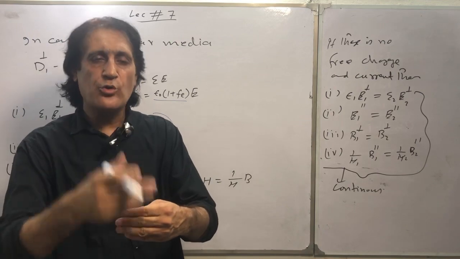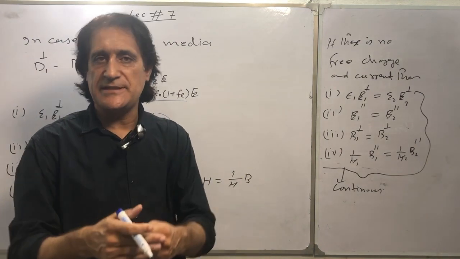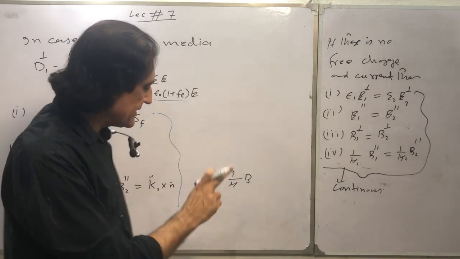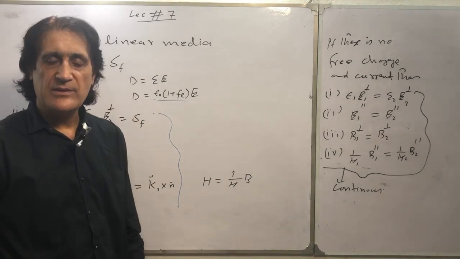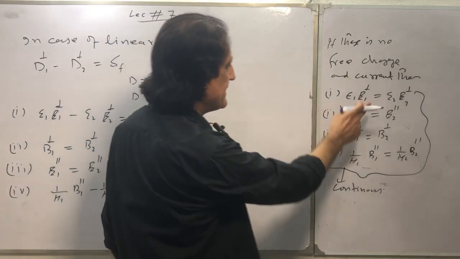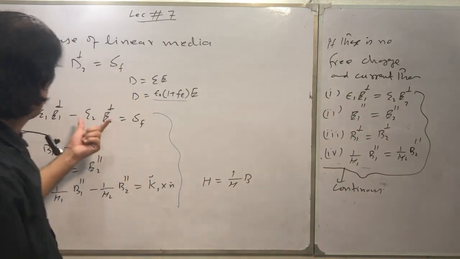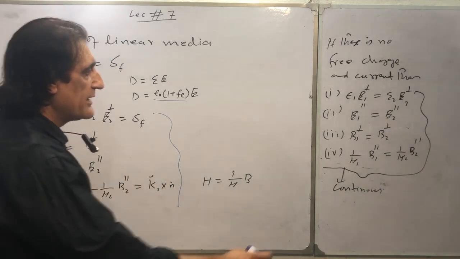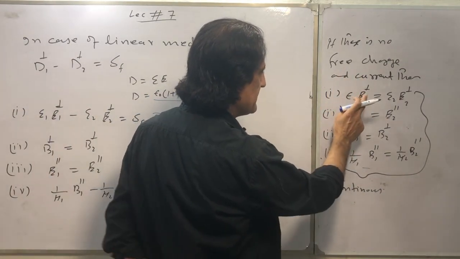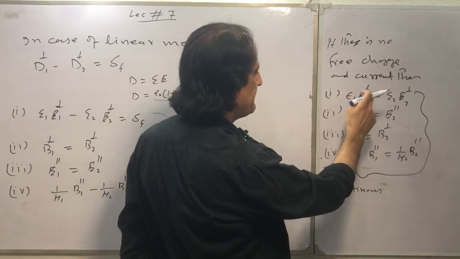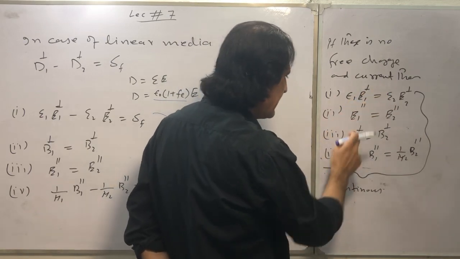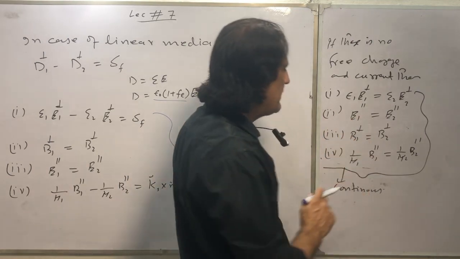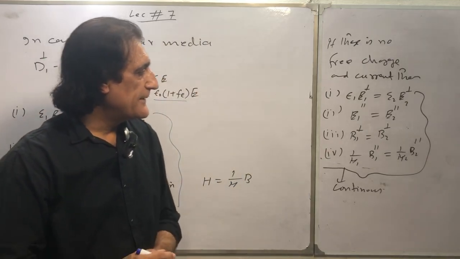It means that sigma and current density K are equal to 0. Then we have all these equations, the perpendicular electric field, the parallel electric field, the perpendicular magnetic field, and the parallel magnetic field, all equal on both sides.